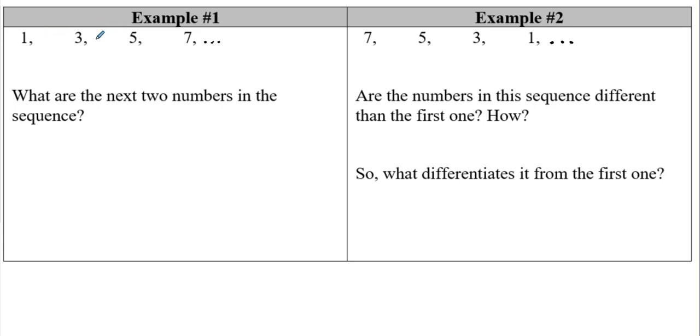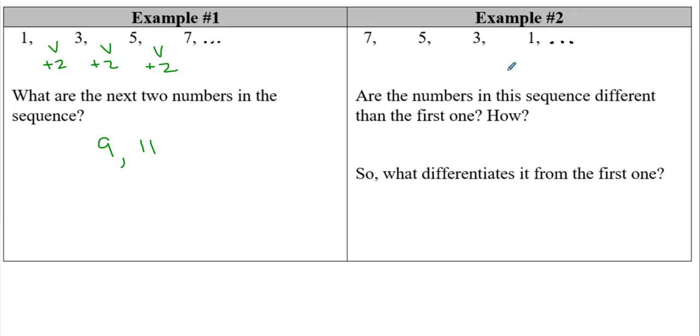It could also be times 3. But if we did times 3, would we get to 5 from the next? No, we will not. So if we try plus 2, 1 plus 2 gives us 3. Plus 2 also gives us 5, and 5 plus 2 also gives us 7. So this looks like we are adding 2 to the previous term. So for our next 2, 7 plus 2 gives us 9, and then we would have 11.